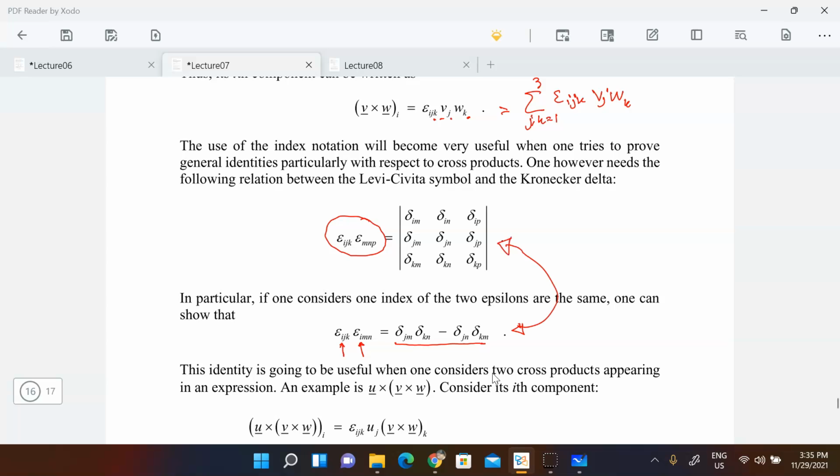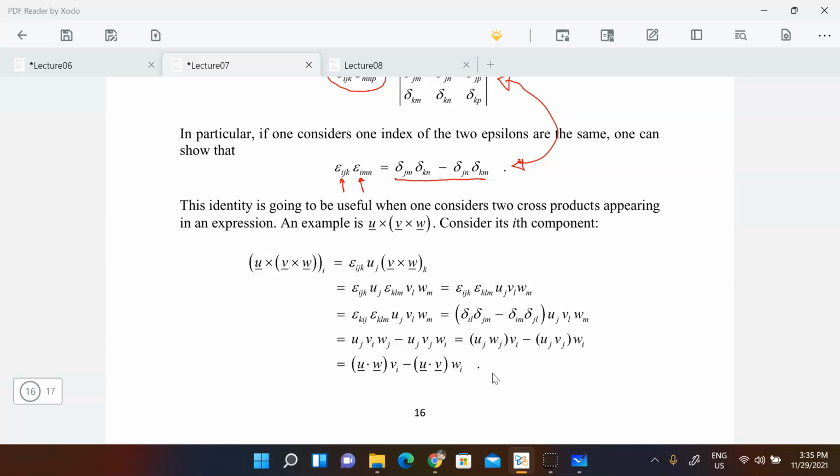Now, why is this important? It is when you have things like this triple cross product. And you know how cumbersome it is to prove this.